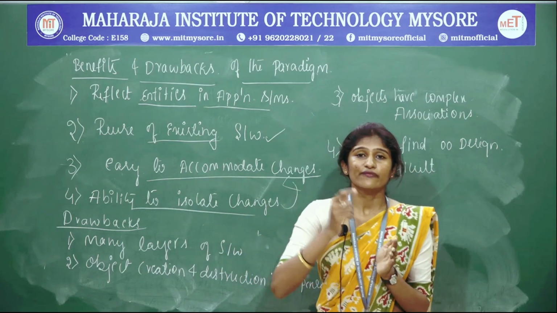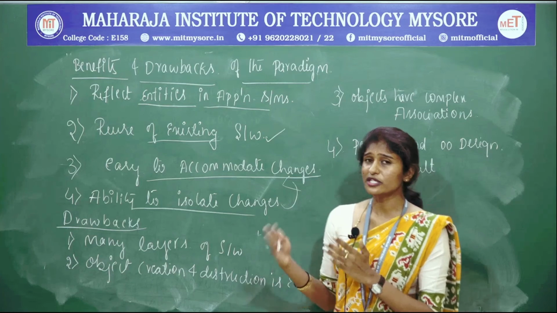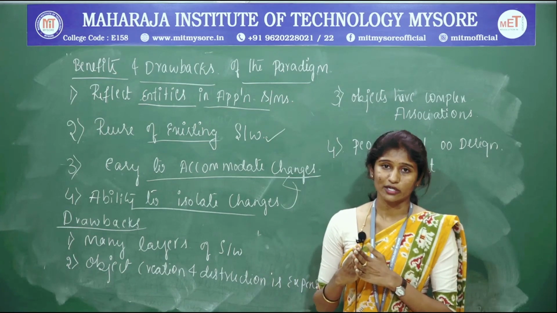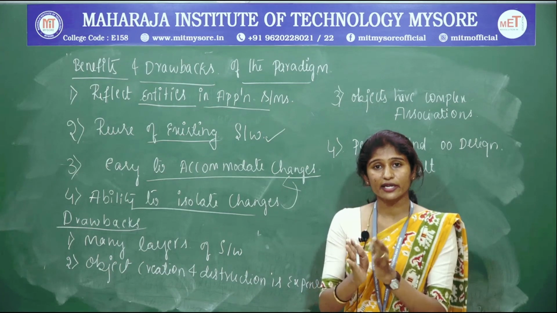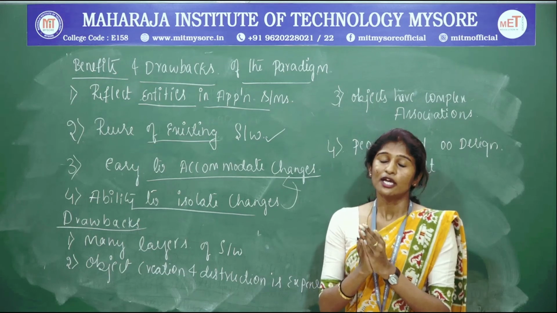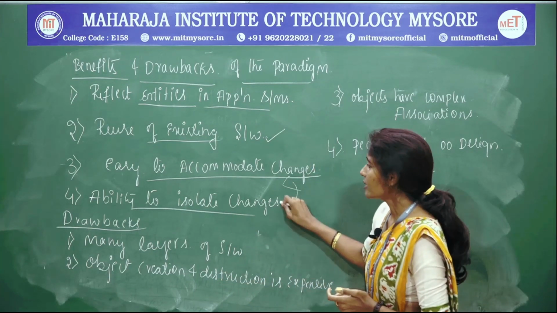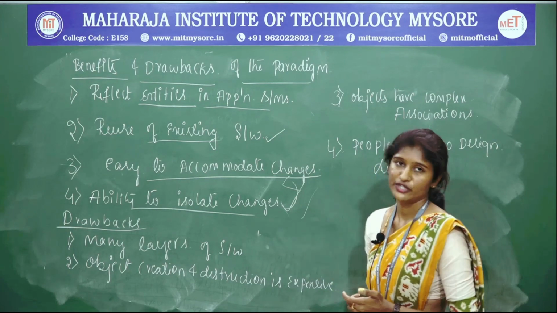It is not going to be reflected in another module. This is not available in other languages which do not follow the object oriented concept. Here you can make changes to one particular module or functionality, which will not affect the other modules or functionalities. That is why it has the ability to isolate changes.